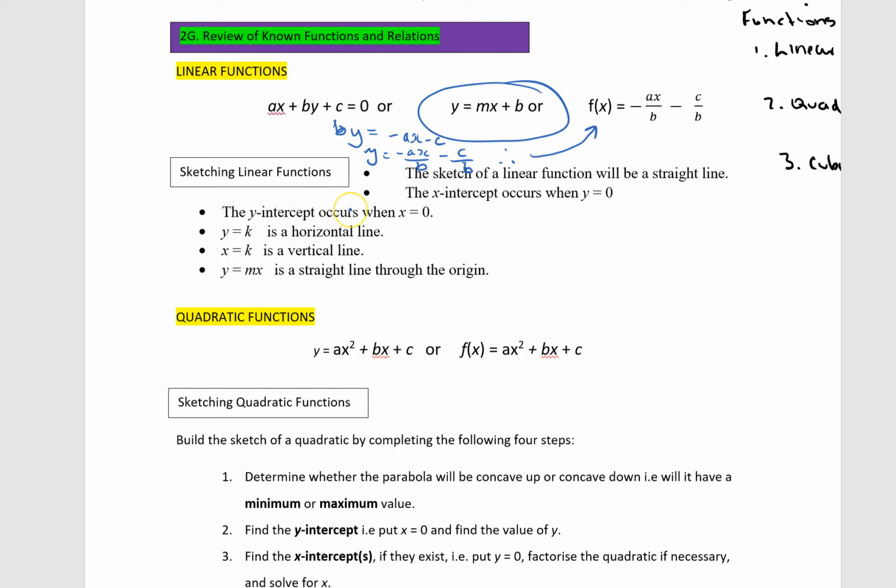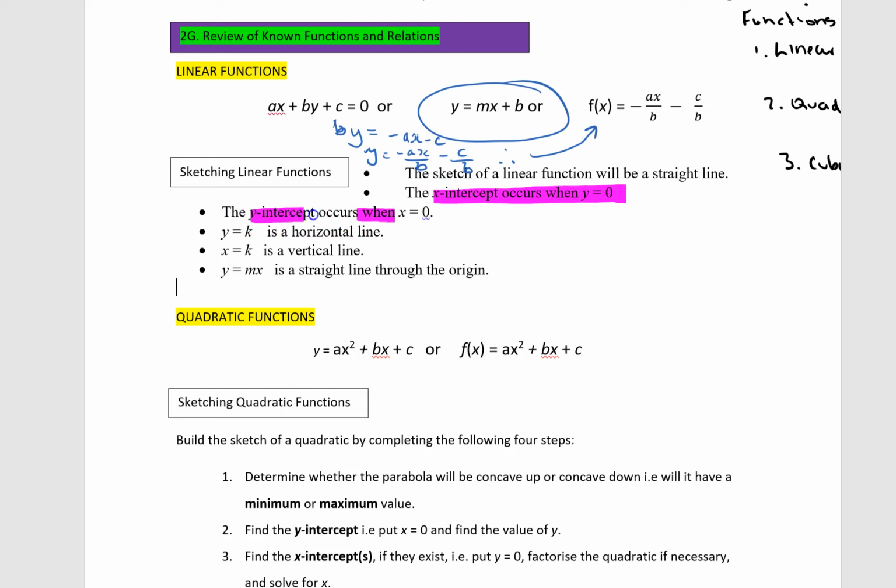Sketching linear functions, you know it'll be a straight line. X-intercepts occur when y is naught, y-intercepts occur when x is naught. Please just stop the video at any time for yourself. I'm rushing, but these have to be things you know automatically.